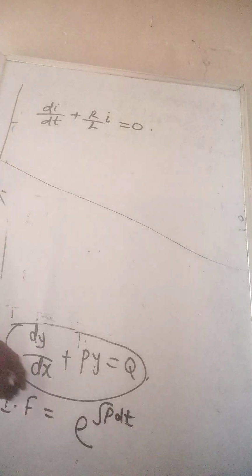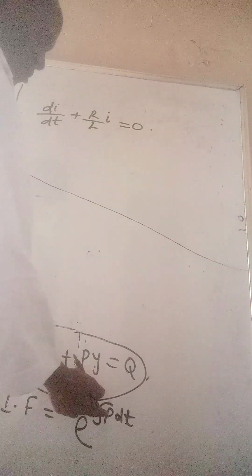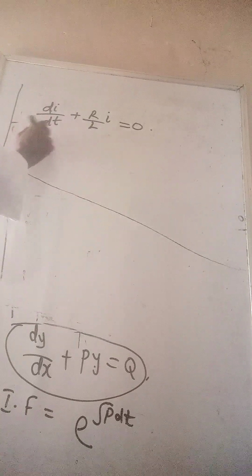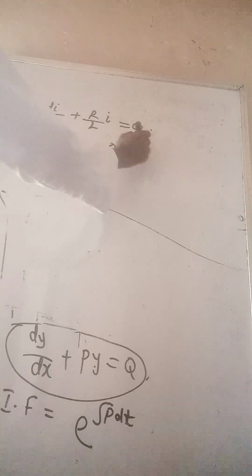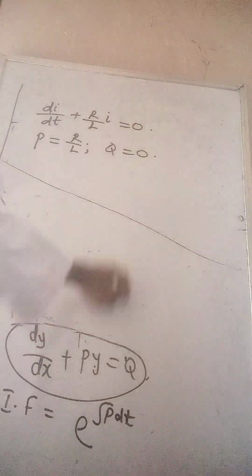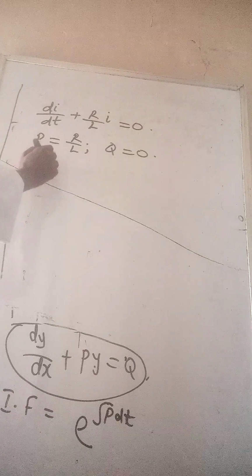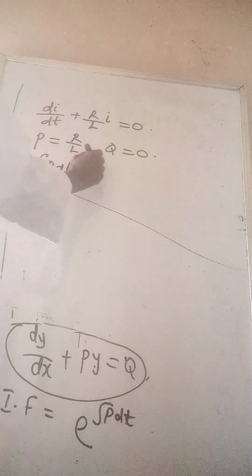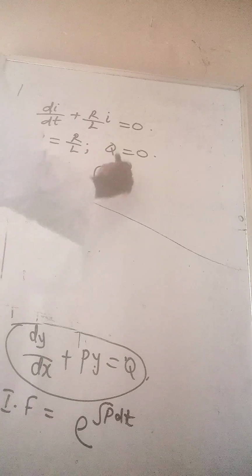So this is our integrating factor. That means I'm going to find the integral of P dt now, since P is equal to R over L and Q is equal to 0. The integral of P dt means the integral of R over L dt.